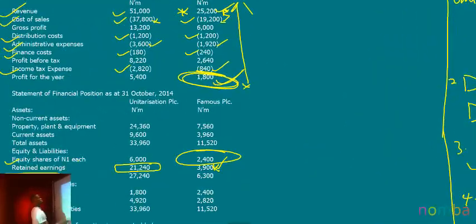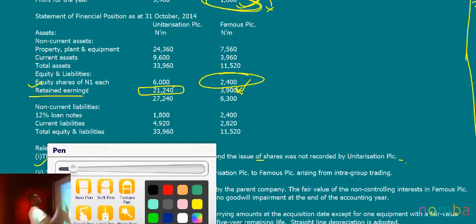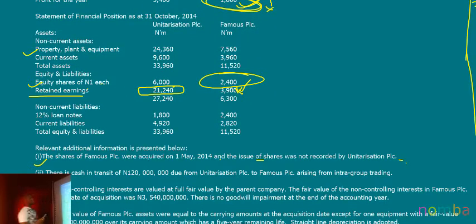In the question, in my statement of financial position, the first item I have there is my property, plant, and equipment. For Unitarization it was 24,360, and for Famous it is 7,560. Please, you do not prorate items of the statement of financial position.